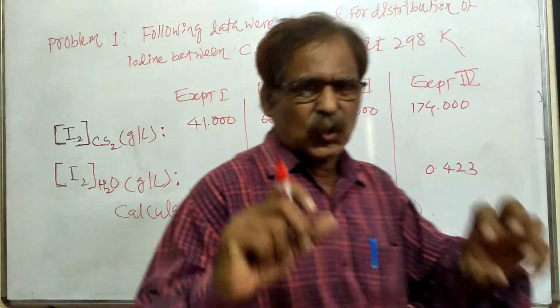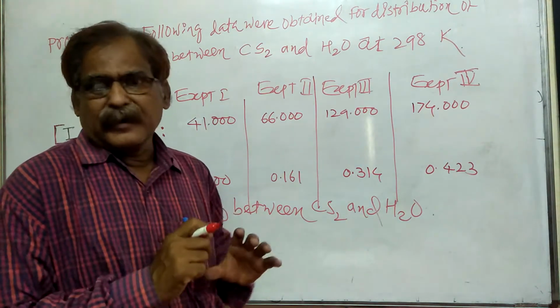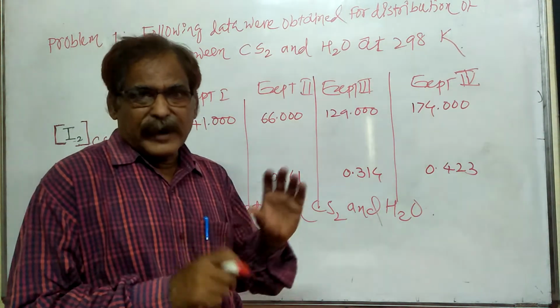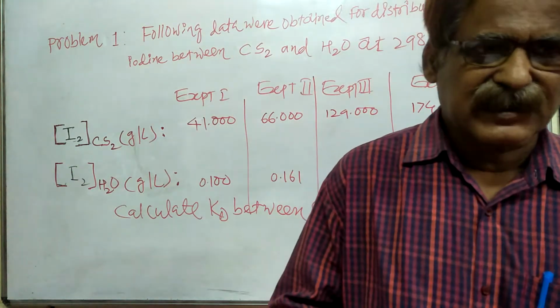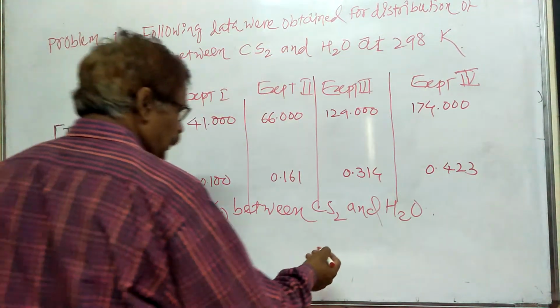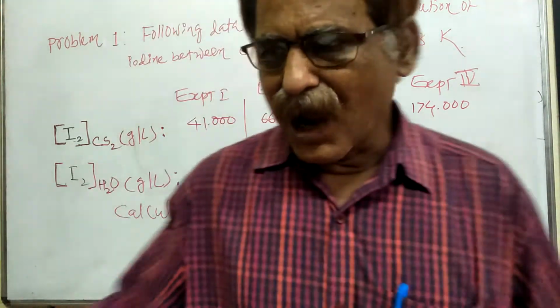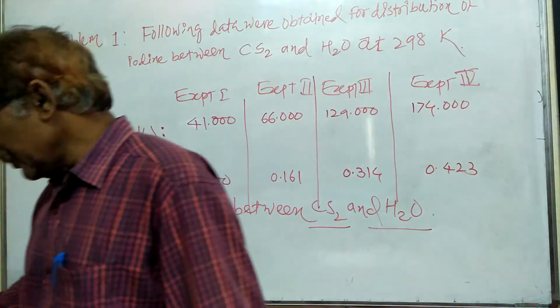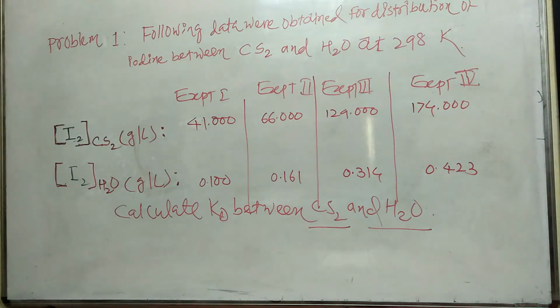Once we understood this, the next thing is we have to find out the partition coefficient of solute, in this case iodine, between two solvents, carbon disulfide and water. So let us see how we can find out the partition coefficient of iodine between carbon disulfide and water using this data.